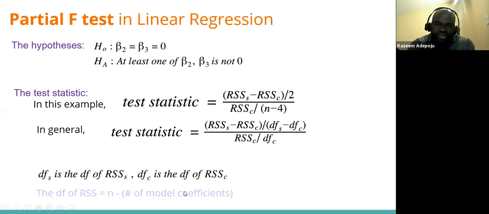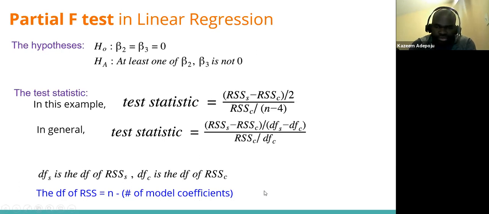Now, the degree of freedom of the residual sum of squares, of course, is the sample size minus the number of model coefficients, the one I call the number of parameters. And that is why this guy is 4. The parameter is 4 in the complicated model.